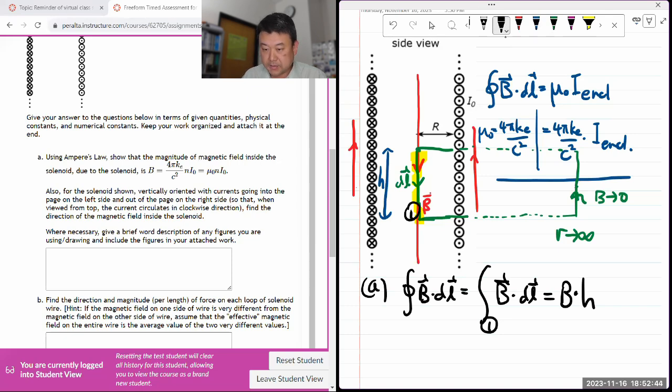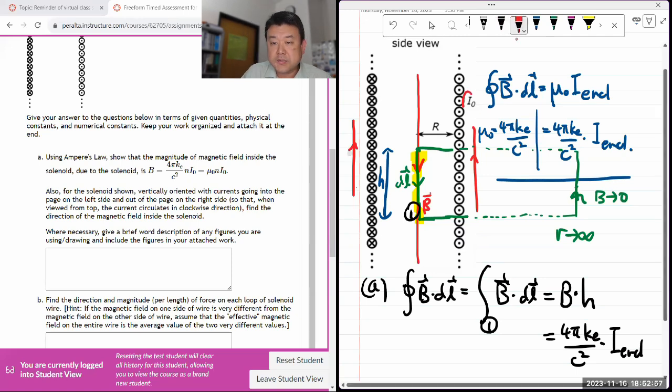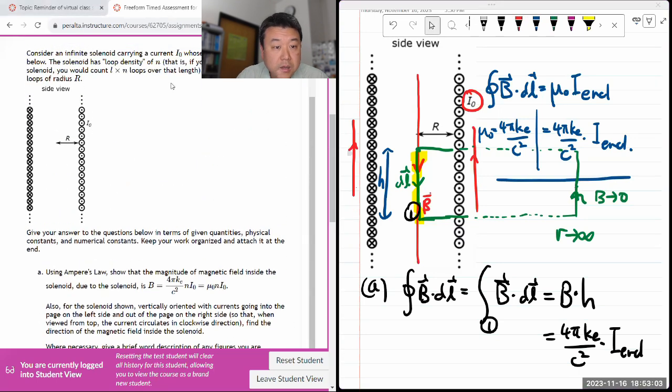And we say this is equal to 4 pi Ke over c squared times current enclosed. And now I need an expression for current enclosed. I have this expression I naught for current per loop. And I believe I'm told n, the loop density.